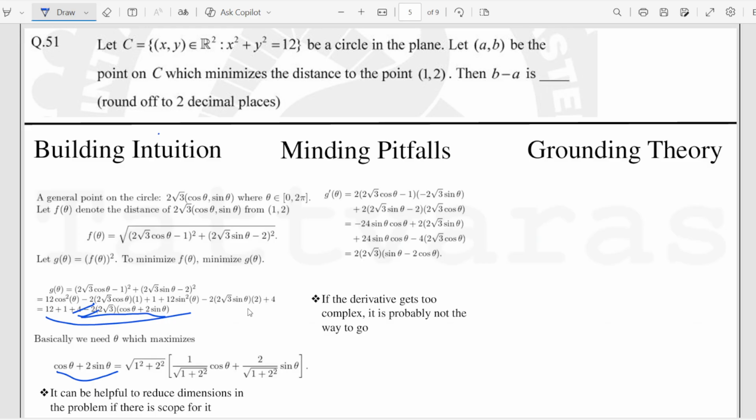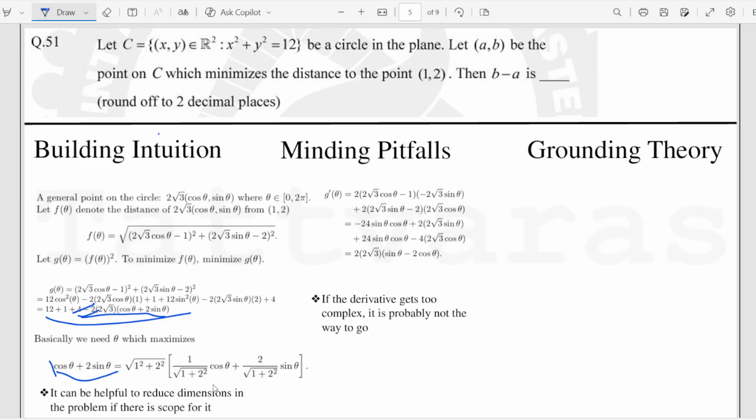I would want you guys to be mindful over here, more attentive over here. So what we essentially do is we look at the coefficients multiplied with the two trigonometric functions, and then we scale them by the square root of their sum of squares.